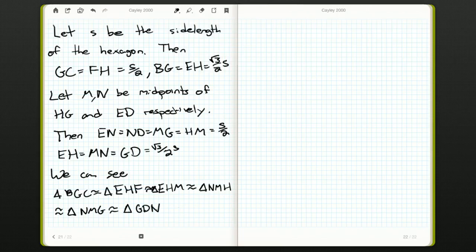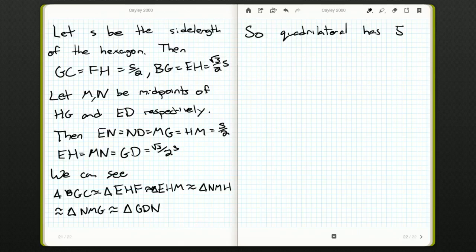GDN. So 5 of these triangles make up the quadrilateral we're talking about.